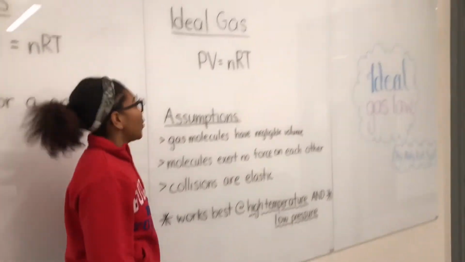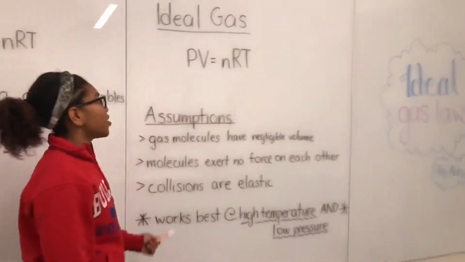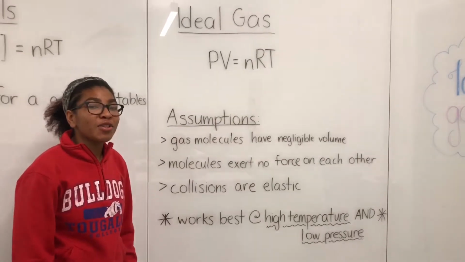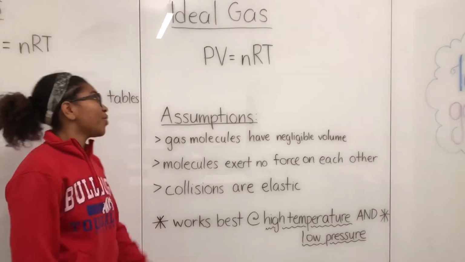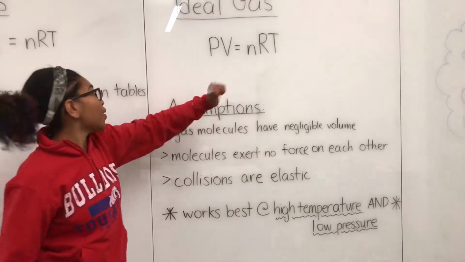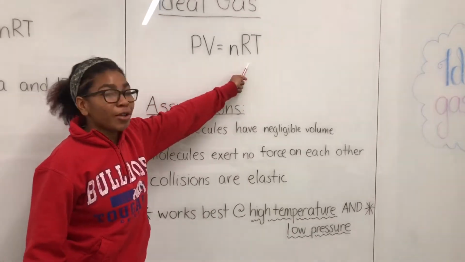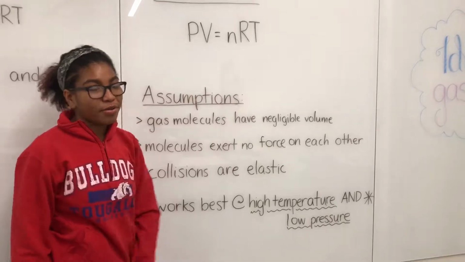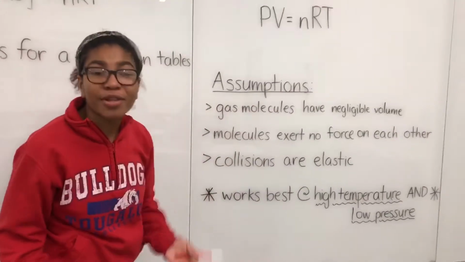Okay, so what we have here is the ideal gas equation, which is commonly known as PV equals nRT, okay? So you got your pressure, your volume, your moles, your gas constant, and your temperature, all right? So when we're talking about the ideal gas law, first we need to make a few assumptions.